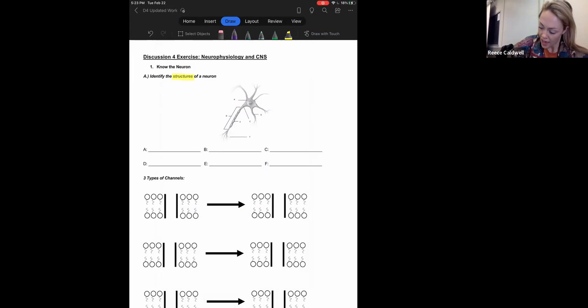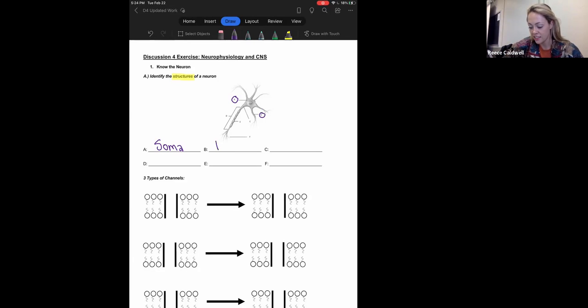So first we have structure A. A is known as the soma, AKA the cell body. This is where we integrate stimuli or integrate information. That is at the soma or the cell body, containing the nucleus and the important decision factors of the neuron.